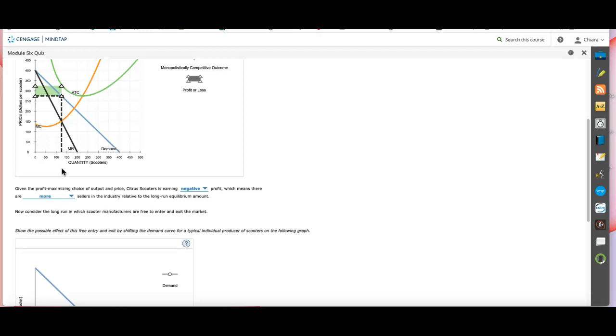But that affects the demand curve for the companies, right? For the companies that stay in the market, because now they are splitting the demand between more or fewer companies depending on entry or exit. So it says here, show the possible effects of this free entry and exit by shifting the demand curve for a typical individual producer of scooters.